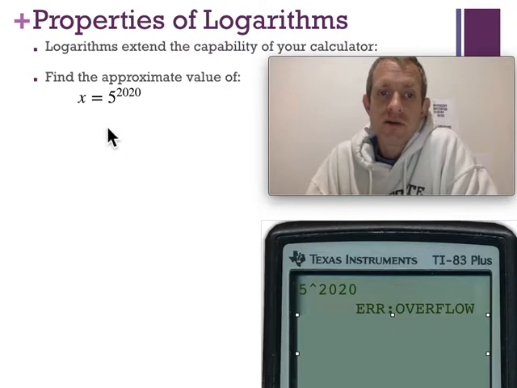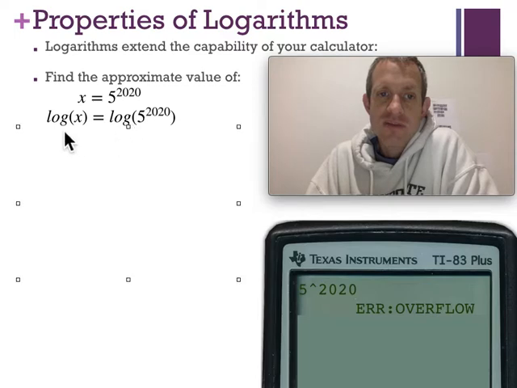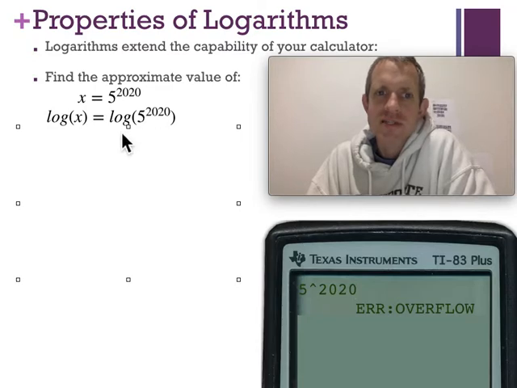To do that, what we'll do is use logarithms. And so what we're going to do is take this and take the log of both sides. Now, log of 5 to the 2020th, can't type that into your calculator. This hasn't really helped us much, but we can use the exponent property to rewrite this as something that we can calculate.